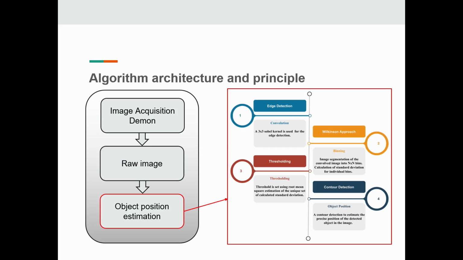Then a standard deviation for each bin is calculated, and the threshold is set by taking the mean of the standard deviations. This highlights the bins containing an object in the image. Then we can apply contour detection to locate the position of the object present inside the image.